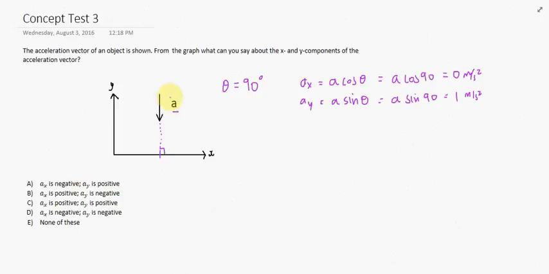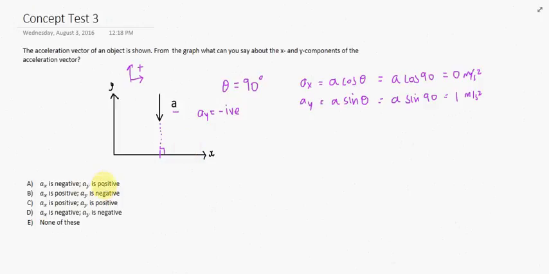So all of this is being directed downwards, right? Fairly obvious, but the mathematics just reiterates that. So none of this is acting in the horizontal direction. Okay, so our typical convention is that anything going up is positive and anything going to the right is positive. So in essence, since all of it's acting down, ay is negative, right?